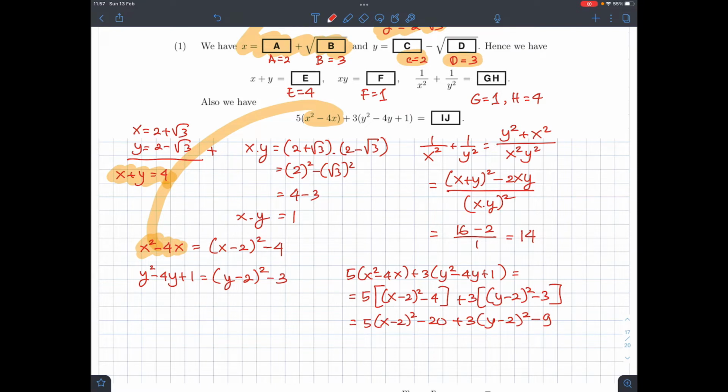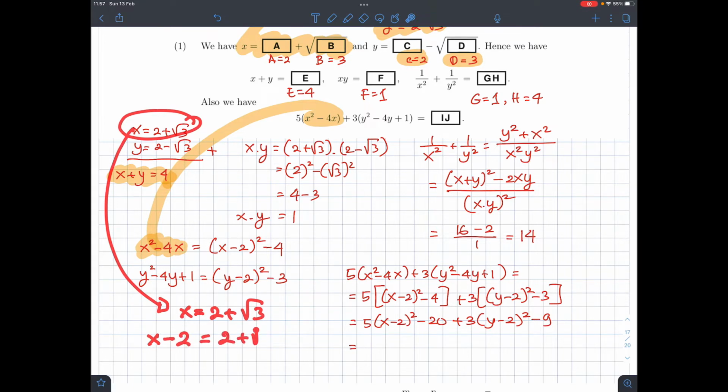Okay, and this is the amazing thing. You have x equal to plus square root of 3, and when you subtract 2, x minus 2 means square root of 3 minus 2 minus 2, right? Minus 2, so you cancel this out, so you find x minus 2 is square root of 3. Put it here.